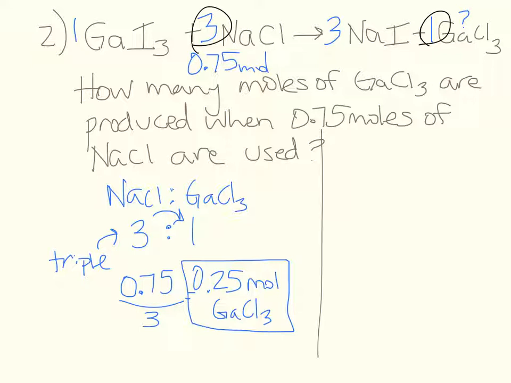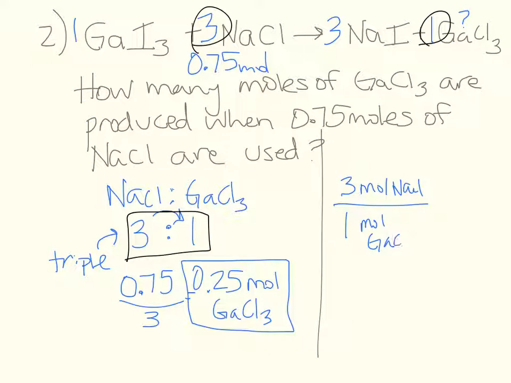So if we know that the ratio between sodium chloride and gallium chloride is 3:1, instead of the little colon format, we're going to put 3 moles of sodium chloride in a fraction, over 1 mole of gallium chloride. Whatever we put on the other side has to be equal to it. That's what a proportion is: two ratios that are equal to each other.